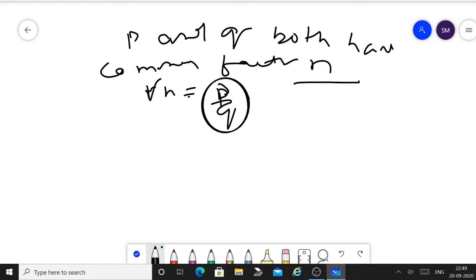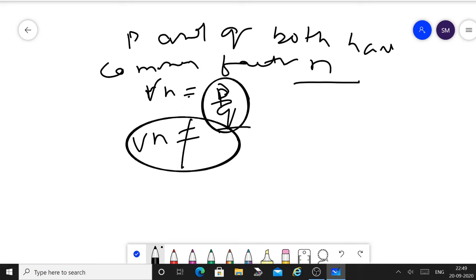But here we get that they both have n as a common factor. This means root n is not a rational number. Root n is an irrational number.